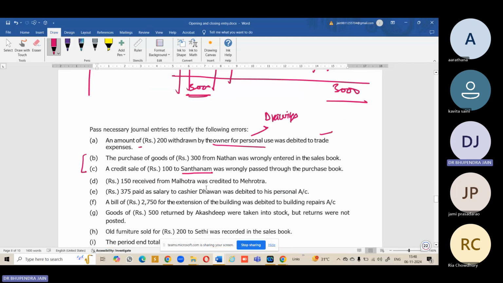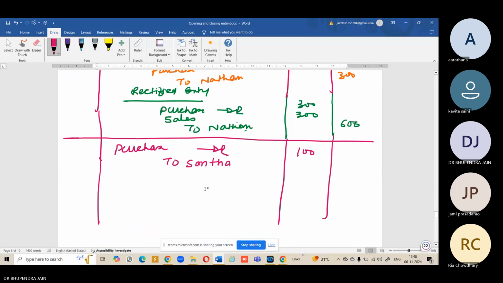Santhanam, 100. ये बेटा रॉन्ग है. Now the correct entry is Santhanam, to sales 100.